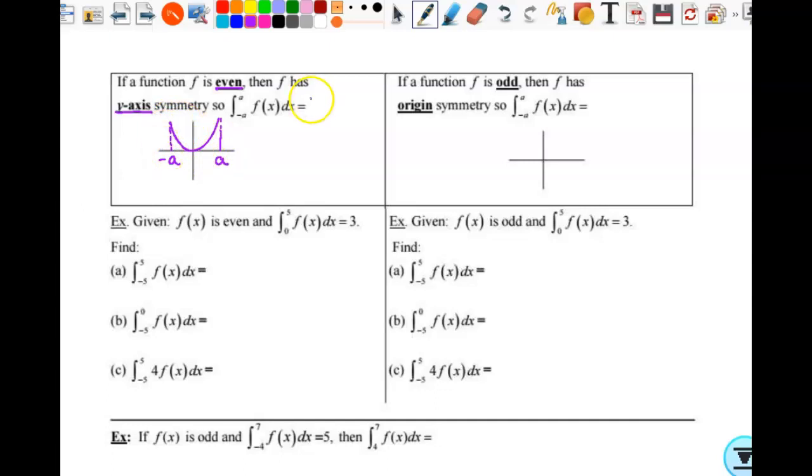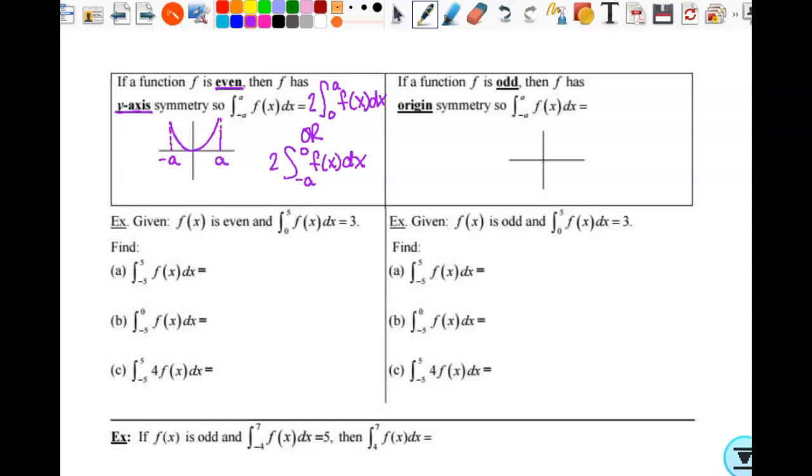So that's equal to 2 times the integral from 0 to a of f of x dx, or 2 times the integral from negative a to 0 of f of x dx. Right? So if I want this whole area, I can either find this one and multiply it by 2, or I can find this one and multiply it by 2. And hopefully that makes sense because of symmetry. We're okay with all that?